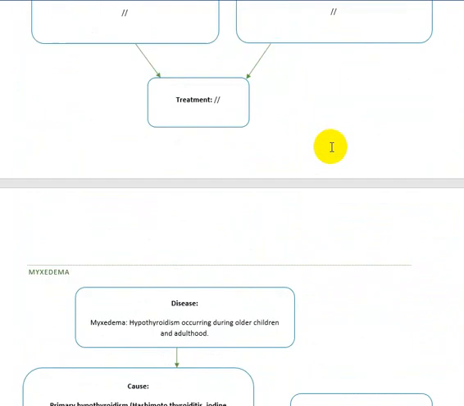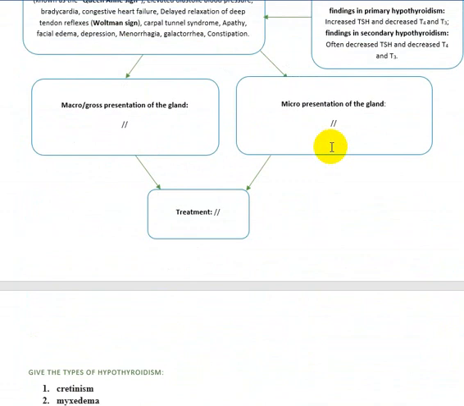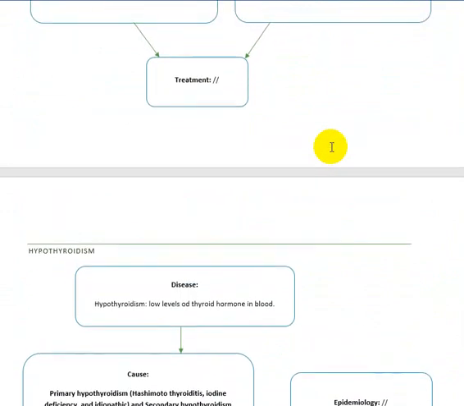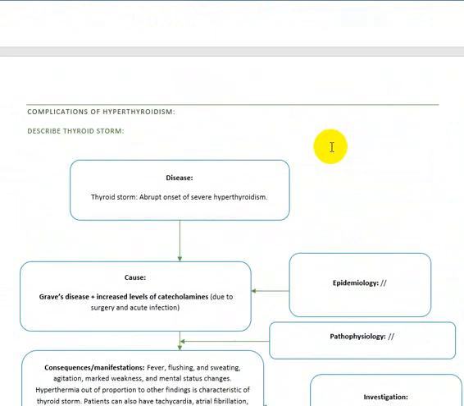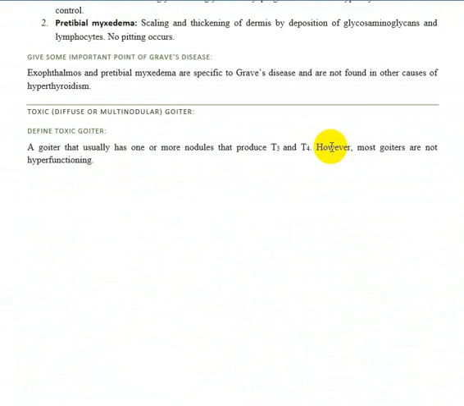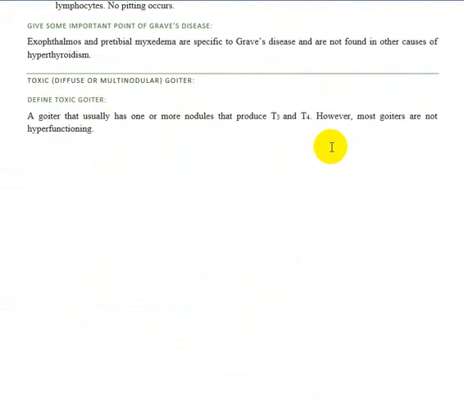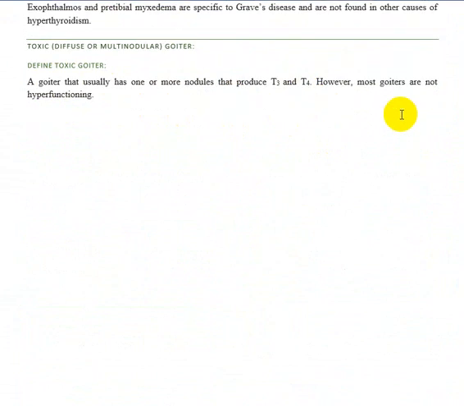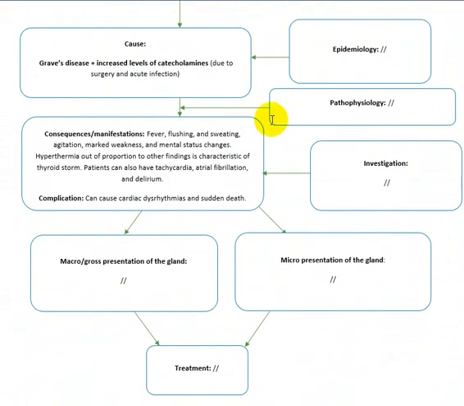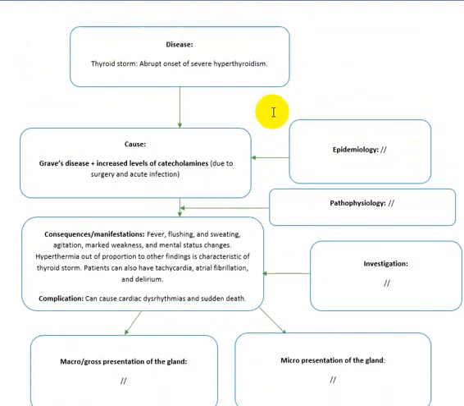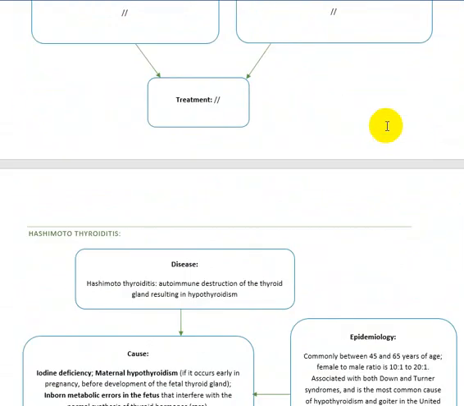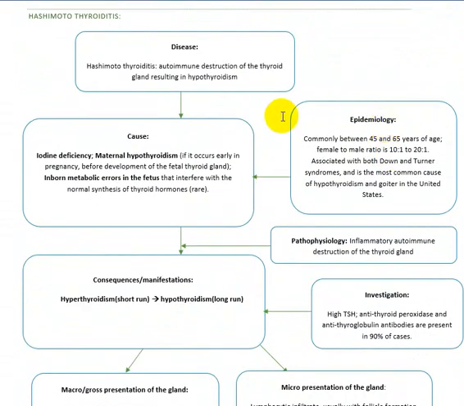Going back, you had thyroid storm and you also had goiter above. In Graves' disease, we had goiter, toxic goiter, T3, T4, and thyroid storm was also explained here. So coming back to our section, Hashimoto thyroiditis is commonly between 45 and 65 years of age.